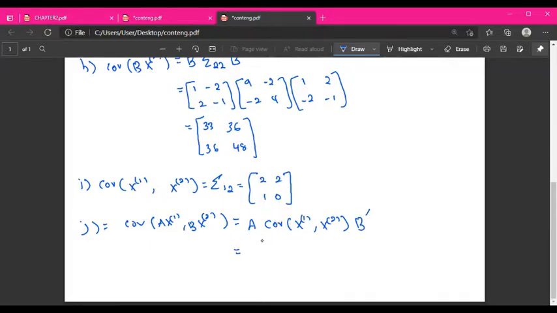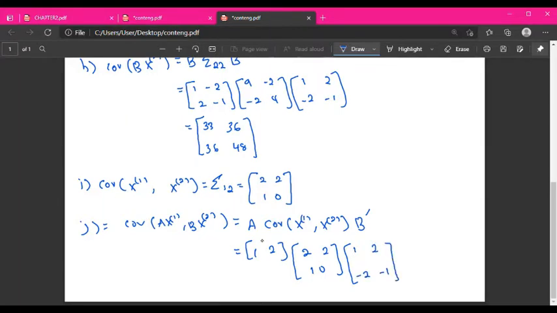So, this matrix A adalah 1, 2 tadi. Covariance X1, X2 adalah this one lah. Big sigma 1, 2. Right. 2, 2, 1, 0. And the transpose of the B matrix, which is 1, 2, negative 2, negative 1.